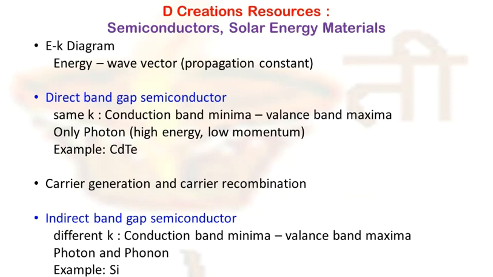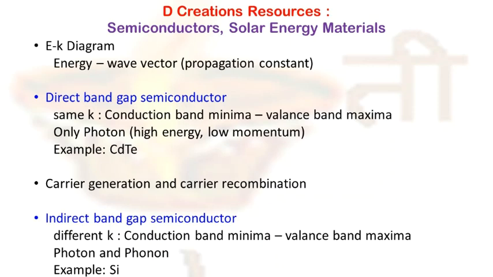Now let us consider the case of an indirect band gap semiconductor. Here, if you visualize its EK diagram, the conduction band minima does not exist exactly below the valence band maxima.